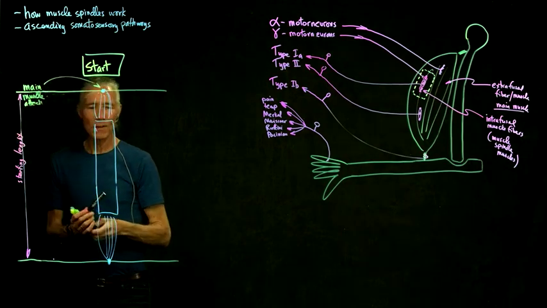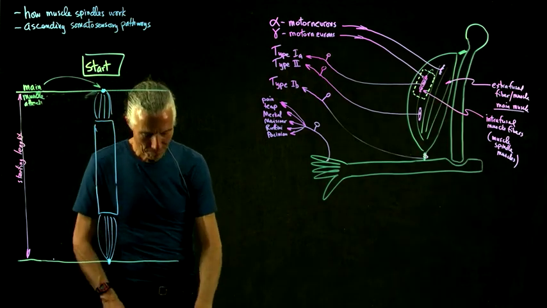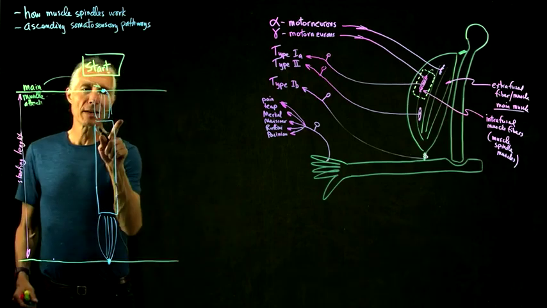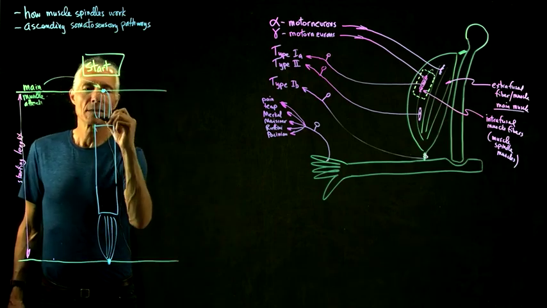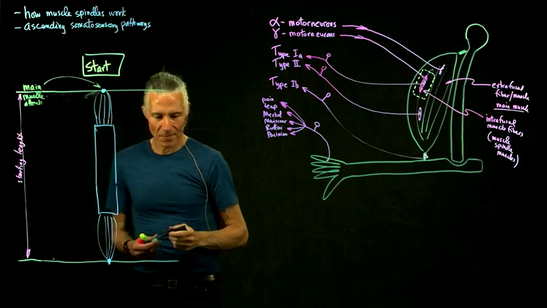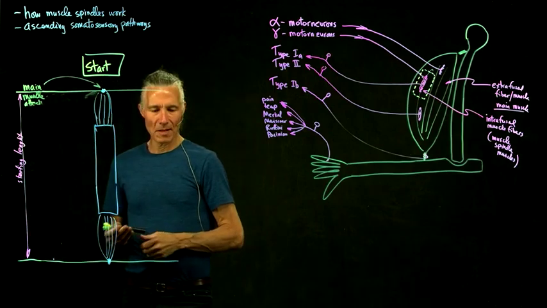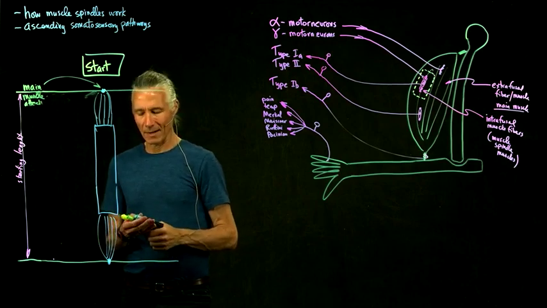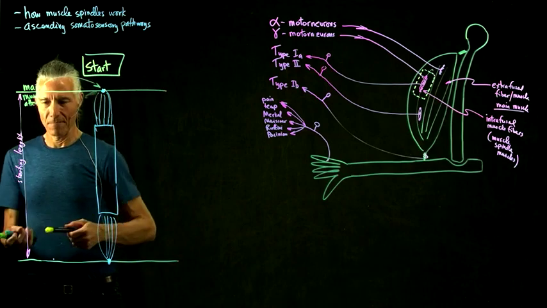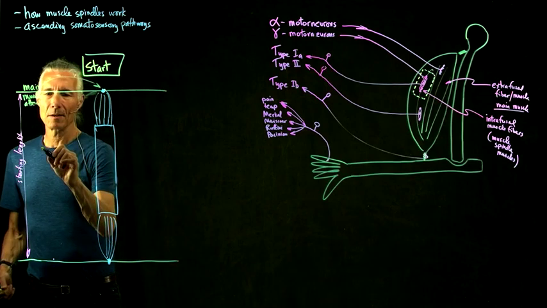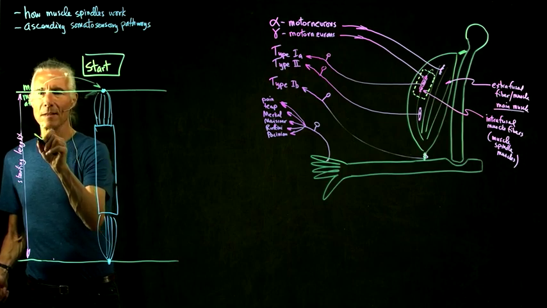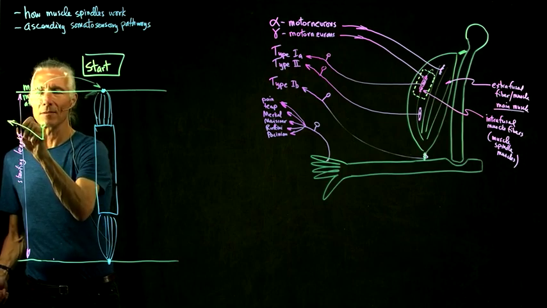Okay, so now what happens when you do a contraction? When you do a contraction, you insert a prediction as to how small the muscle is going to get. And I need one more thing, which is our dorsal root ganglion cell that's going into the central nervous system.